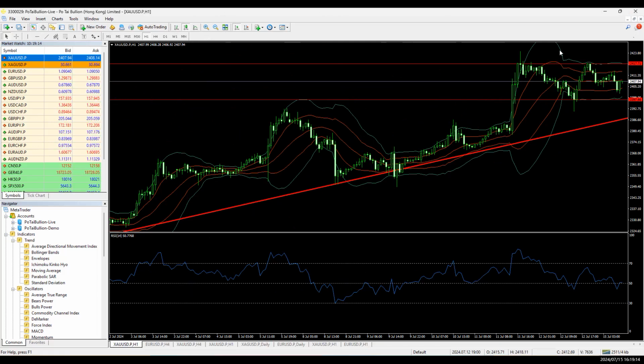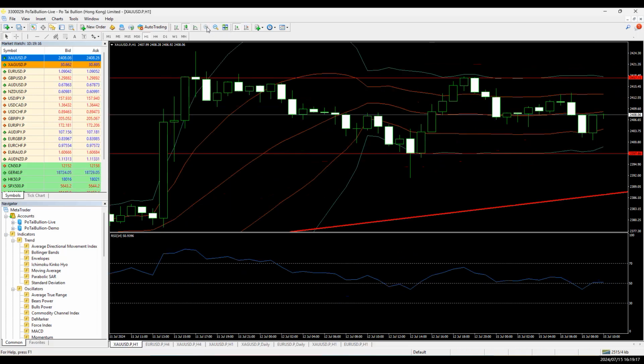Since it's ranging, what you have to be wary of is to trade in between the 1.0 deviation bands only. If it's ranging, the 2.0 deviation bands are not going to be that useful. 1.0 deviation will be the most useful. Even RSI is right at 50, so the indication of whether it's bull or bear is not very clear. So overall, you may want to be trading in between the 1.0 deviation bands.